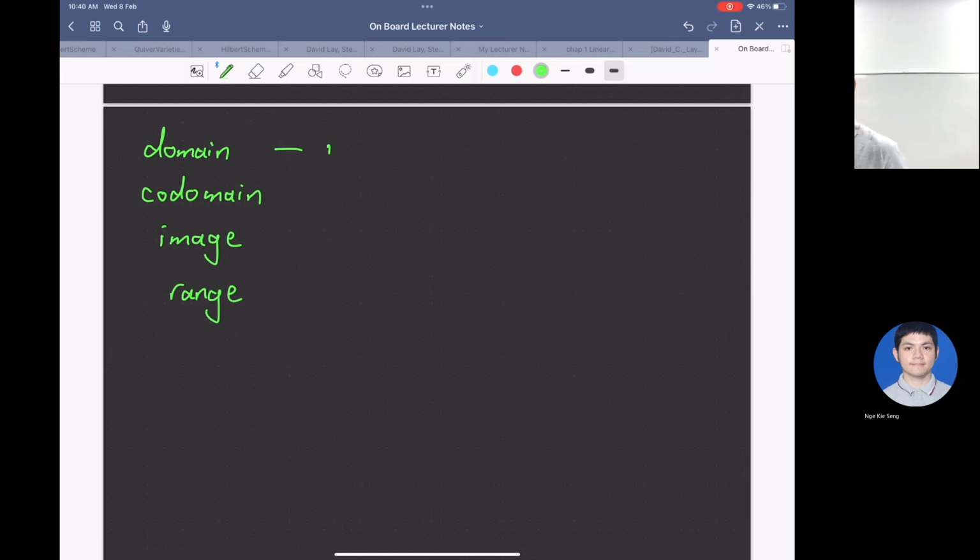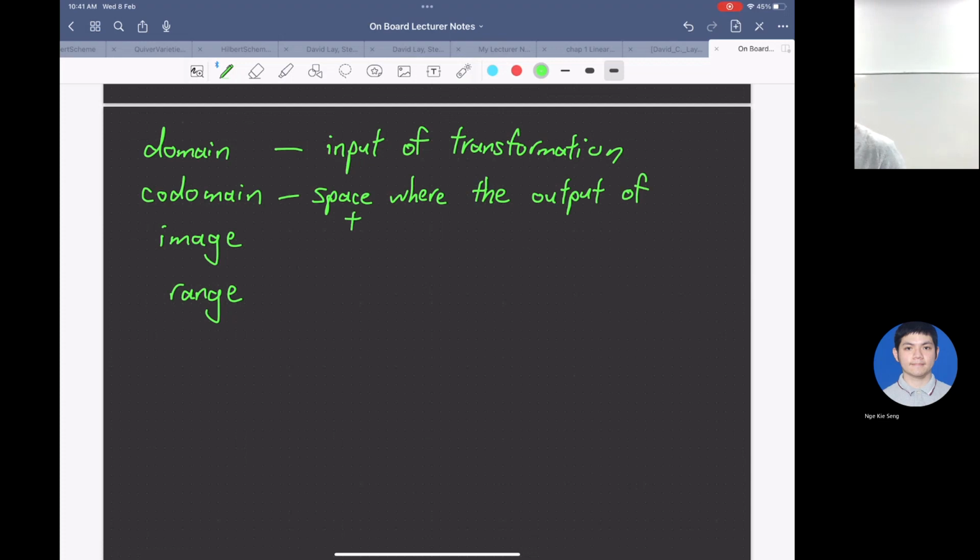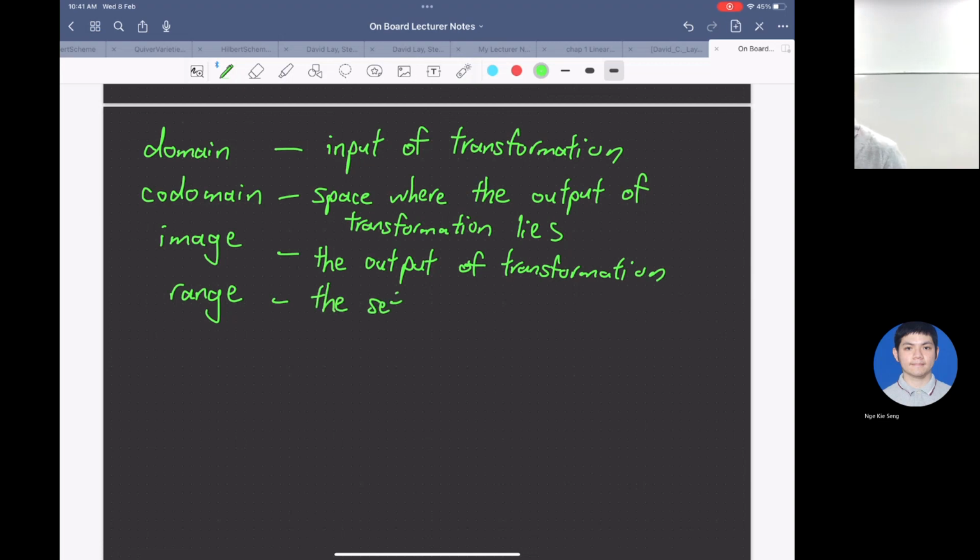Domain is the input of the transformation or function in general, and codomain is the space where the output of the transformation lies.